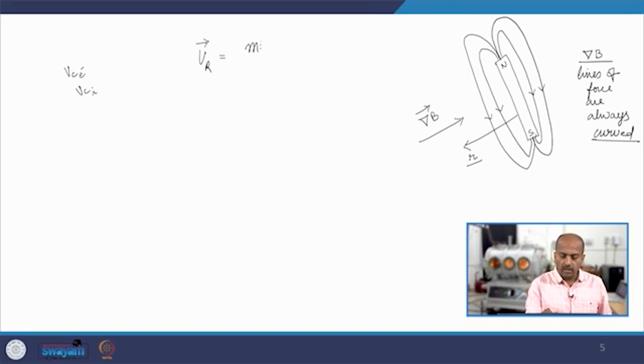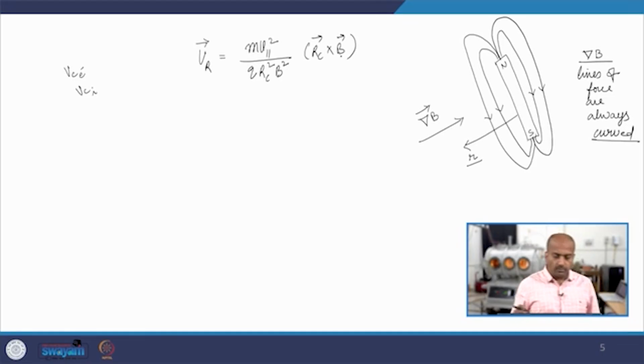We write m V perpendicular square by Q RC square B square times RC cross B. So, if you look at the earlier expression, we have made use of the unit vector which is along RC, which is RC by mod RC, right. So, this is the curvature drift.